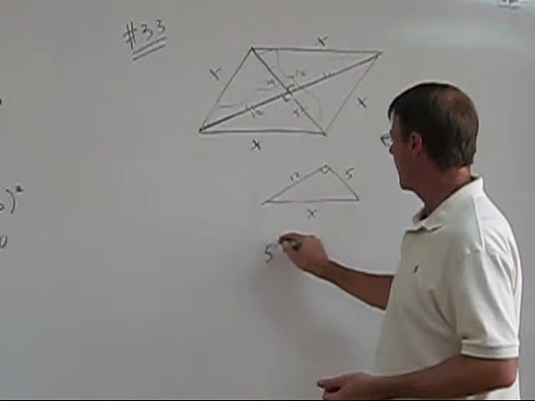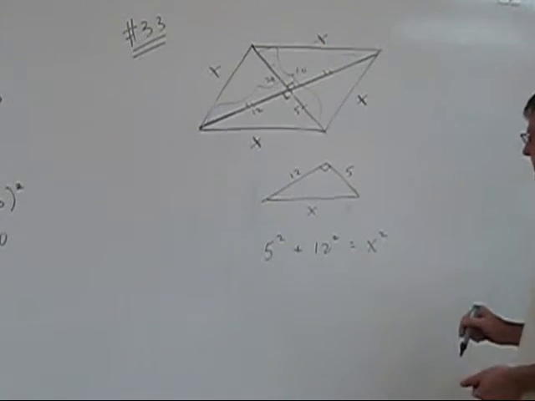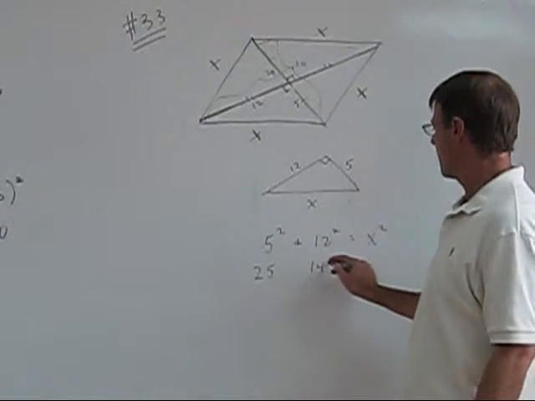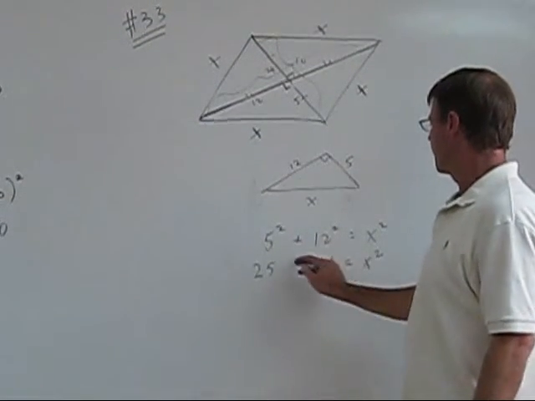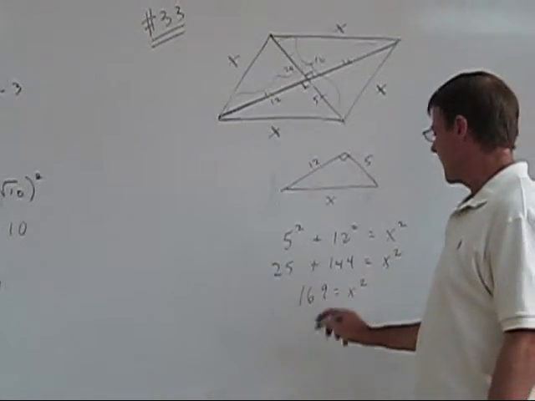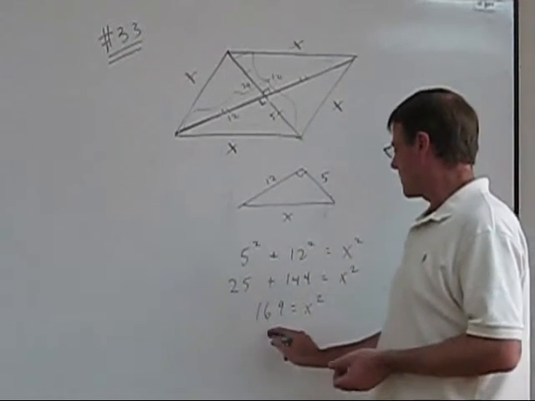So 5 squared plus 12 squared equals x squared. This is 25. This is 144. So I have 169 equals x squared. And again, when I take the square root, I'm looking for the positive square root, which is 13.